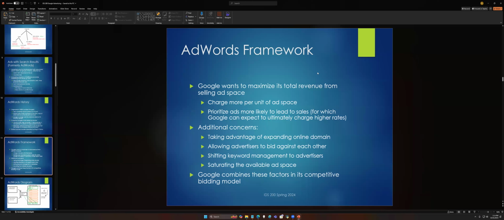Now, part of the way it's going to do that is by picking the best ads in the best place. Well, I mean, it's going to look at the expected revenue from ads, right? But longer term, it's also going to try to figure out which ads are correlated with leading signals, right? So Google might recognize that, hey, we're making a lot of money, or the advertiser is getting a lot of sales through this ad.